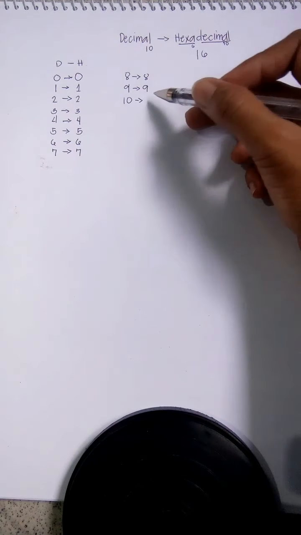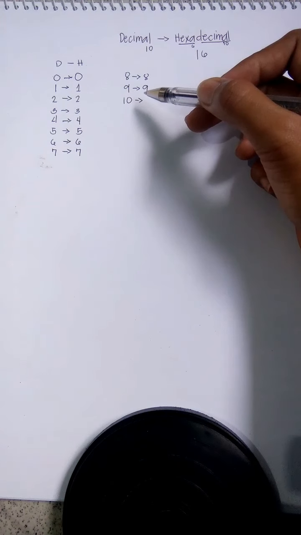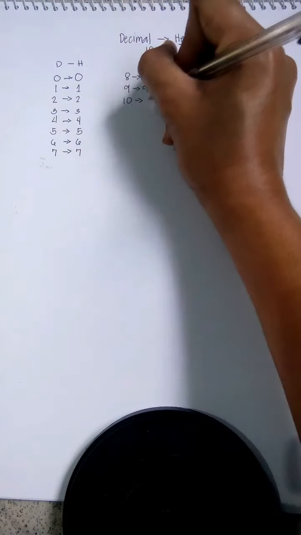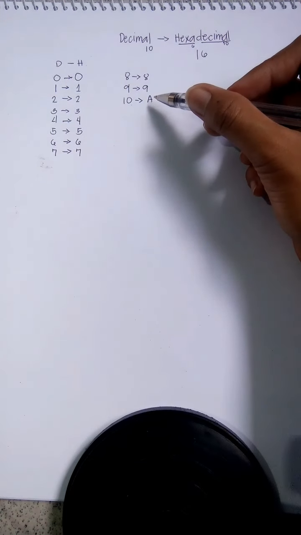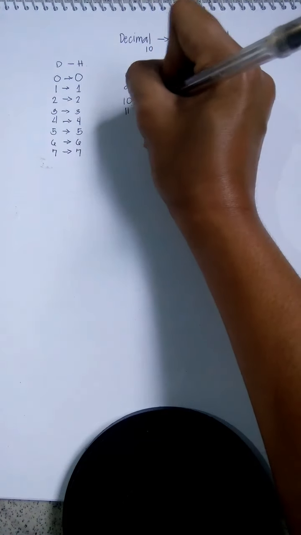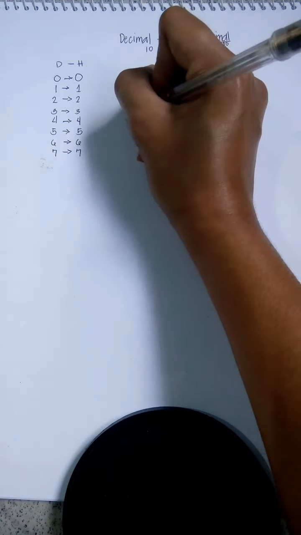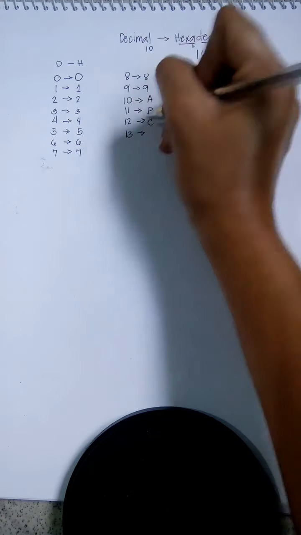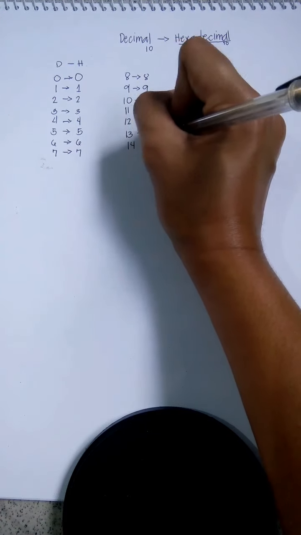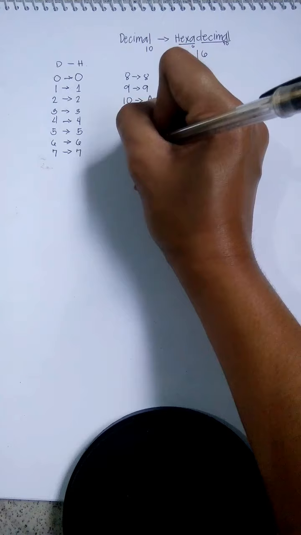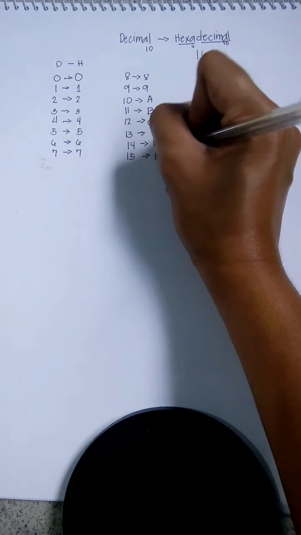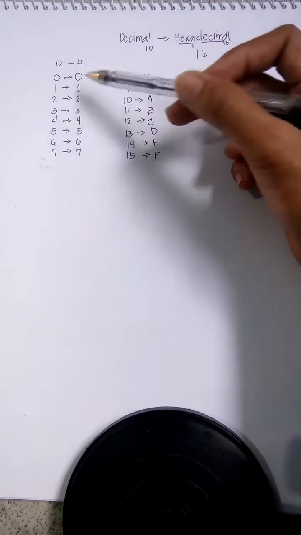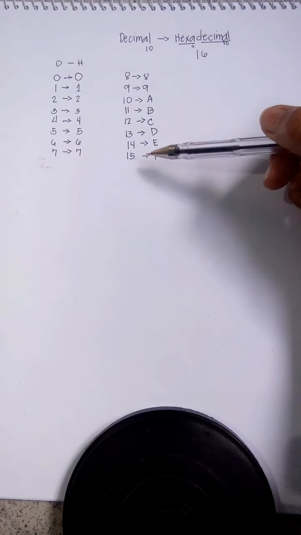Then 10. Now once you get to 10, that's where it changes. 10 doesn't correspond to 10. 10 in the decimal system corresponds to A in the hexadecimal system. 11 corresponds to B. 12 corresponds to C. 13 corresponds to D. 14 corresponds to E. 15 corresponds to F. And you stop at 15 because when you include 0 going up to 15, that's 16 numbers.